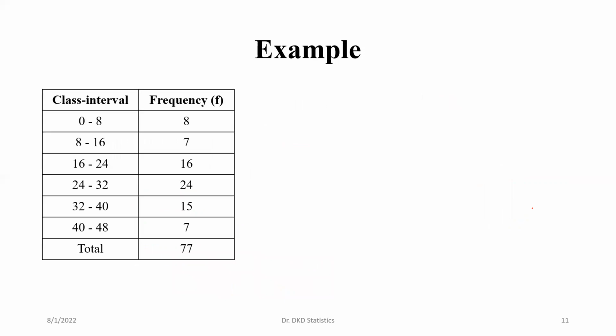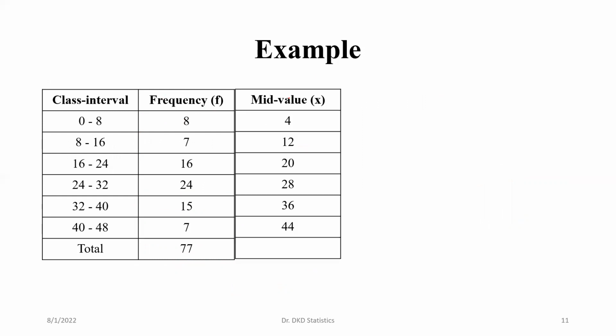Now we'll go to the next point. Suppose the class interval is given here and frequency f is given. How will we calculate the mean here? First of all, we have to find the x, because x is not given. So we'll calculate the x column here, known as the mid value. How will we get it? We take the class interval lower limit plus upper limit divided by 2. We'll get 4.